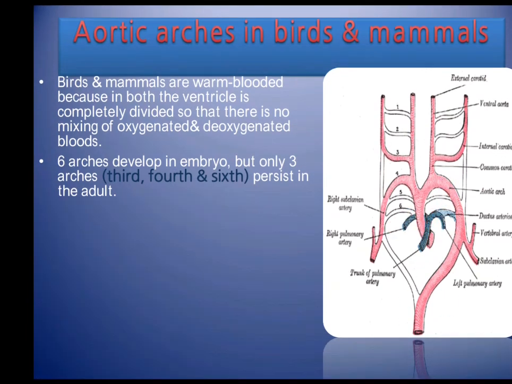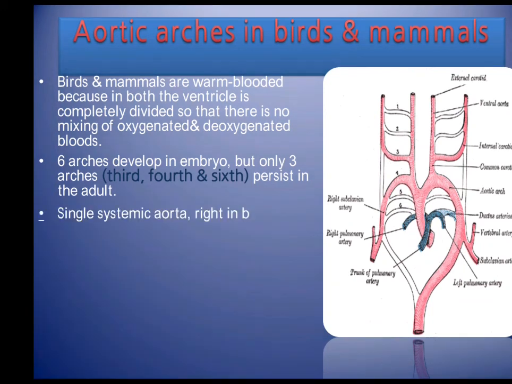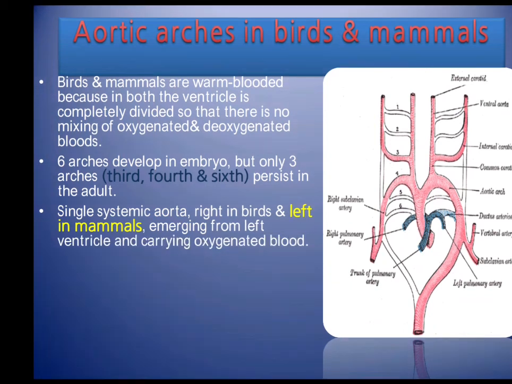So if I go further in this particular case, there is a single systemic aorta, right in the birds and left in the mammals. So this is a very, very important thing to note. If I take the case of the birds, it is the right systemic aorta which is present, going to the body.